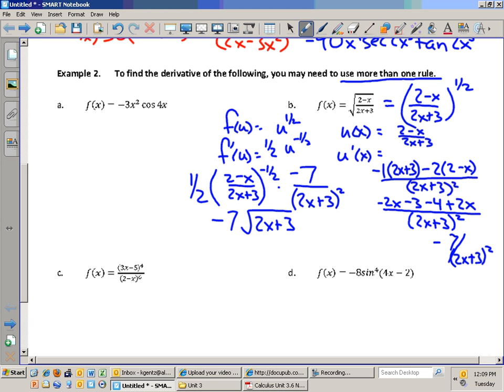What do I have on bottom? 2 times the square root of 2 minus x times 2x plus 3 quantity squared.